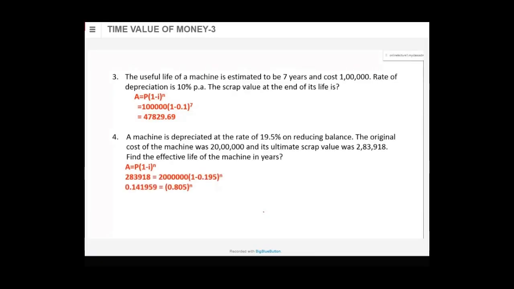Here it is. 9 is the answer. N is 9 years.